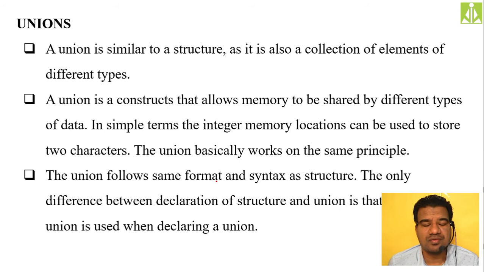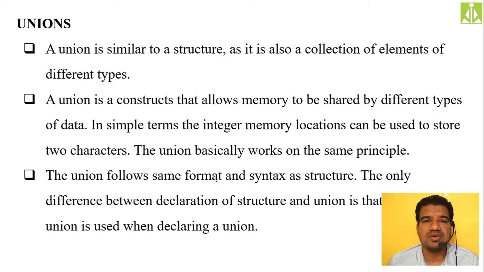Then in what way is this union different from a structure? Union, being a collection of heterogeneous data elements, behaves the same as your structure, but there is a major difference. What is that?